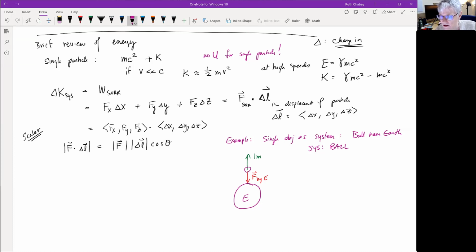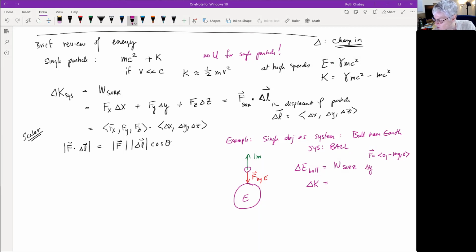So it's just the change in energy of the ball is equal to the work done by the surroundings, in this case the Earth. The rest energy of the ball doesn't change, so the change in kinetic energy of the ball is the work done by the Earth. And of course, the force is going to be 0, minus mg, 0.